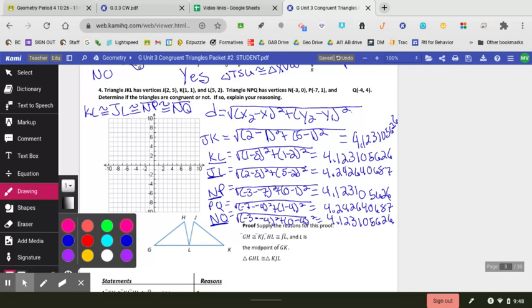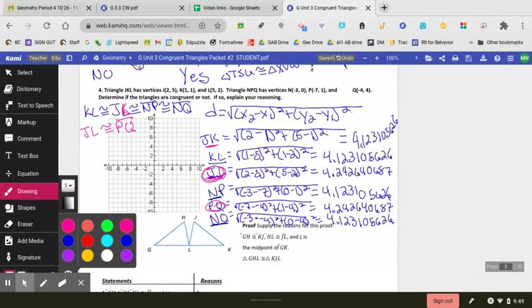I said KL or JL. I did not mean that. I meant JK. Sorry, JK is congruent to KL, is congruent to NP, is congruent to NQ. And then JL is equal to PQ.